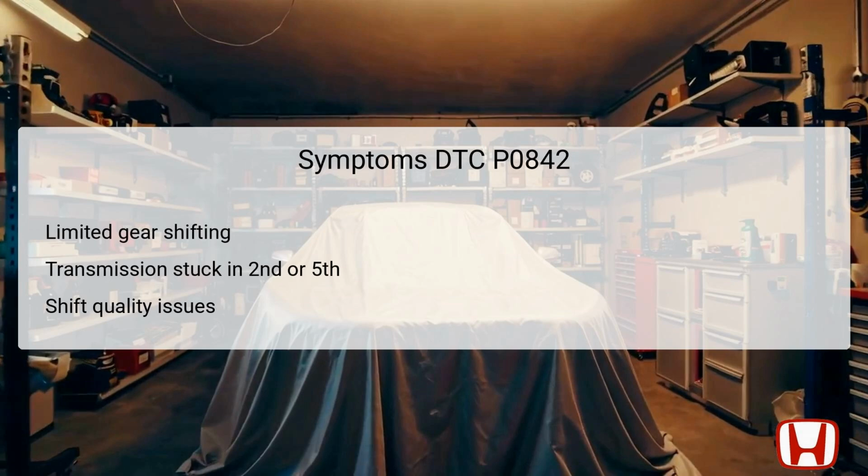Additionally, there may be significant shift quality issues, such as harsh or delayed shifts, leading to a rough driving experience. These failure modes are a result of the transmission's fail-safe function that prevents it from entering potentially problematic gear ranges when an error is detected. By recognizing these symptoms, owners can seek timely repair and avoid further damage to the transmission system.